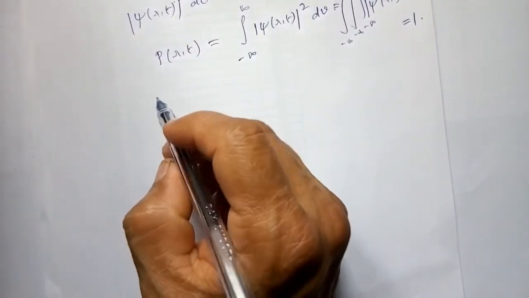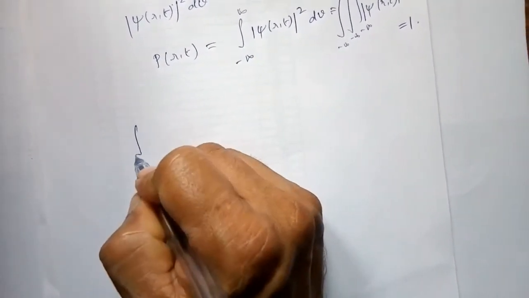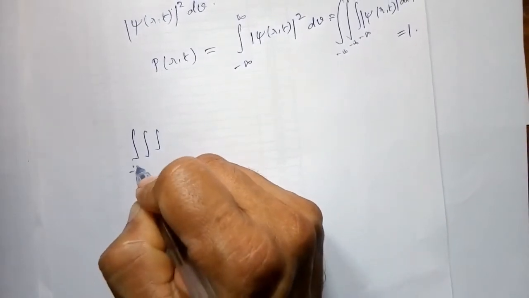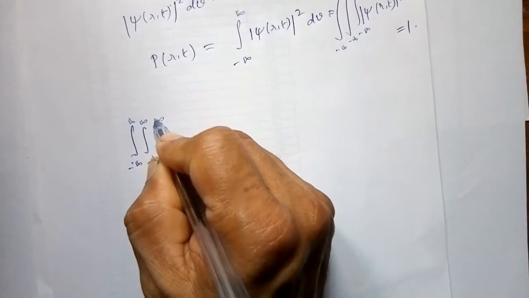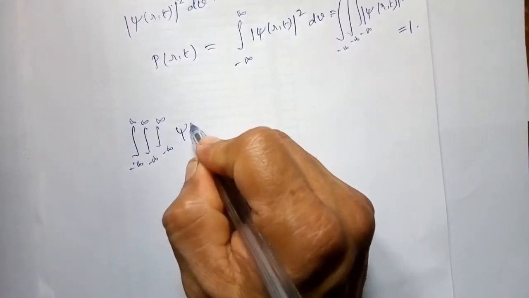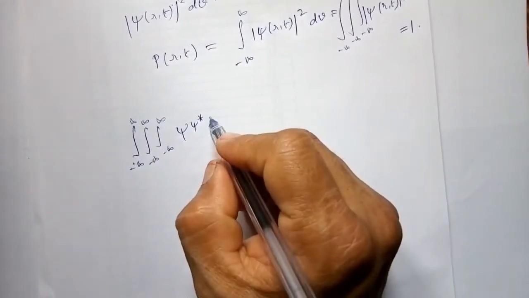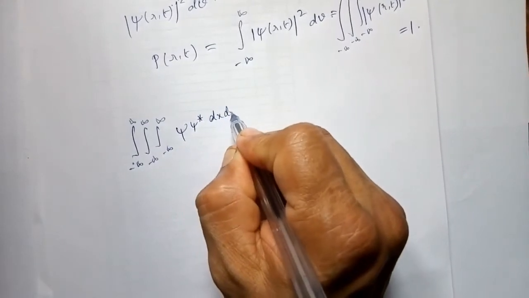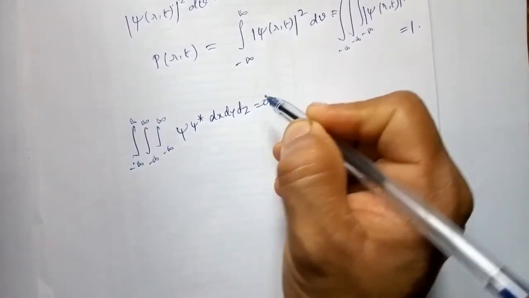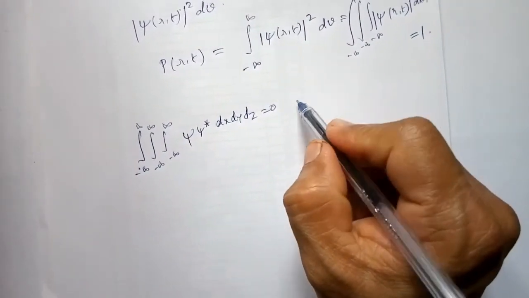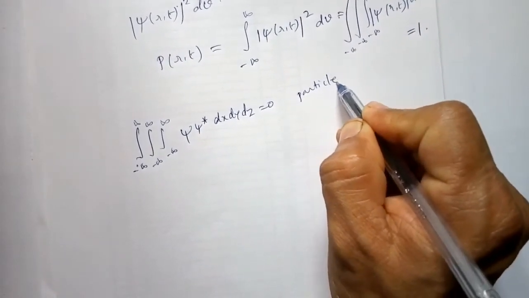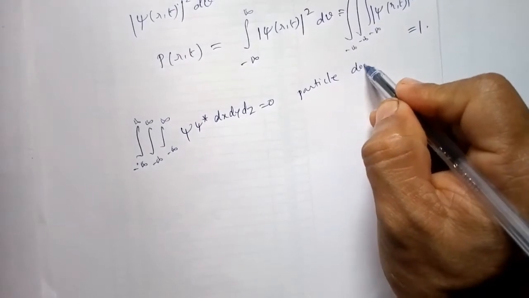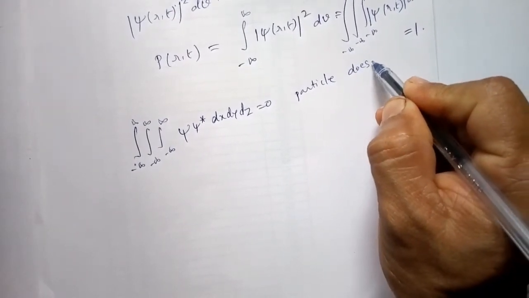Therefore if the triple integral, that is the volume integral, of psi star psi dx dy dz is equal to 0, that means the particle does not exist.